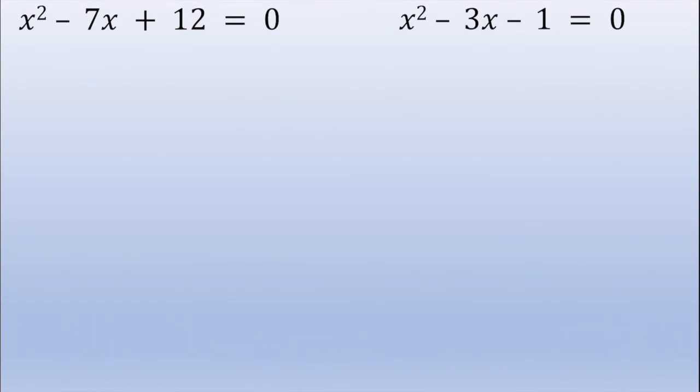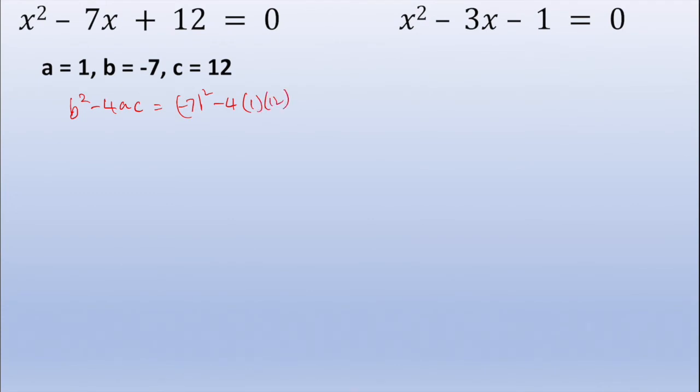Right, let's use the quadratic formula to solve these two quadratic equations. The very first one, we know that a equals 1, b equals minus 7, and c equals 12. So if we calculate b squared minus 4ac, b squared is minus 7 squared, minus 4 times 1 times 12, which is 49 minus 48 equals 1.